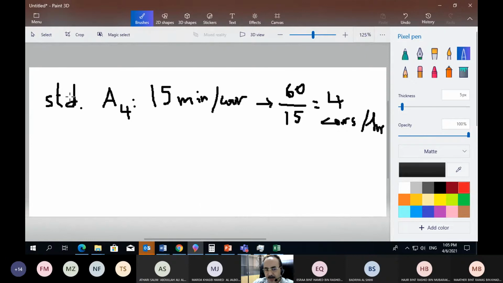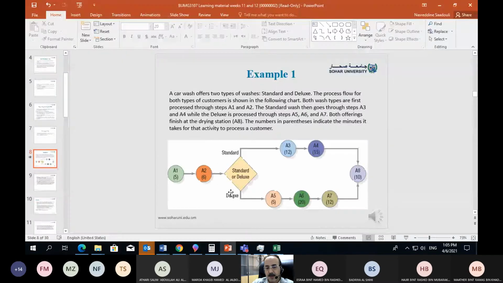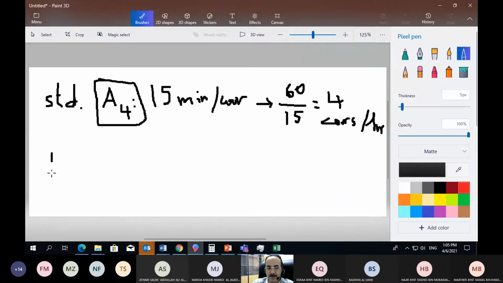The entire process is based on the bottleneck, and that's why the analysis always starts with determining the bottleneck. How about for the deluxe? A6 is the bottleneck. It takes 20 minutes per car.